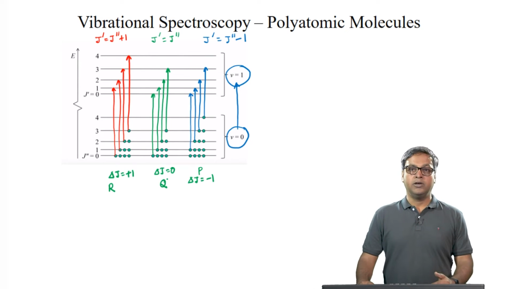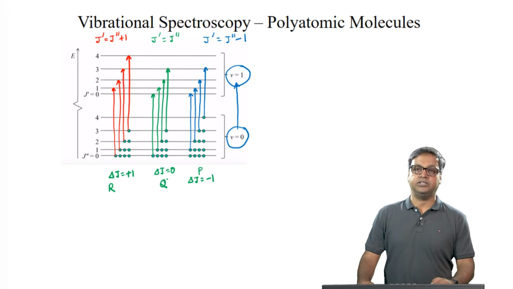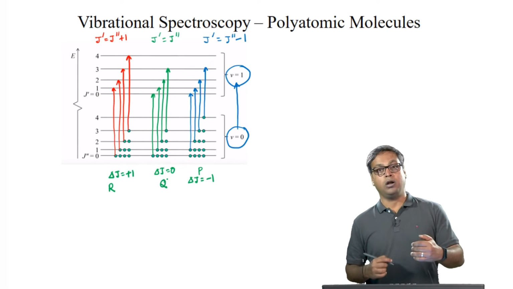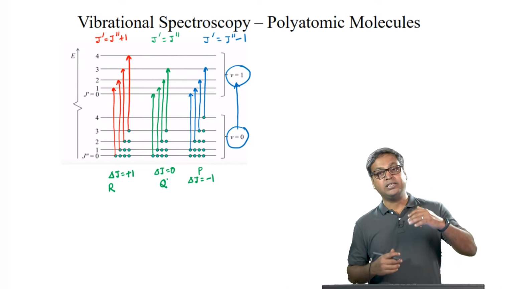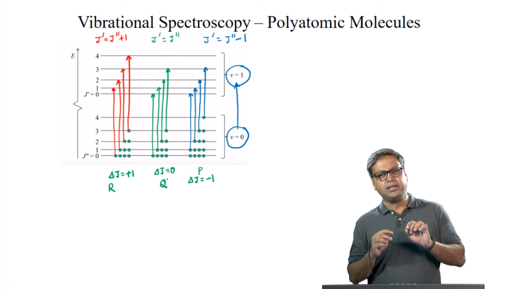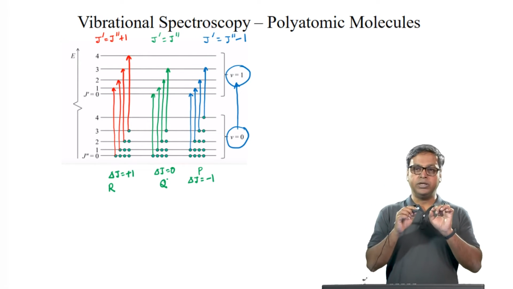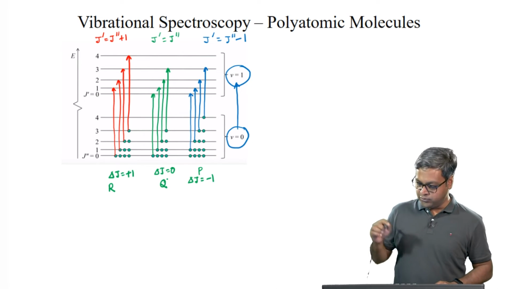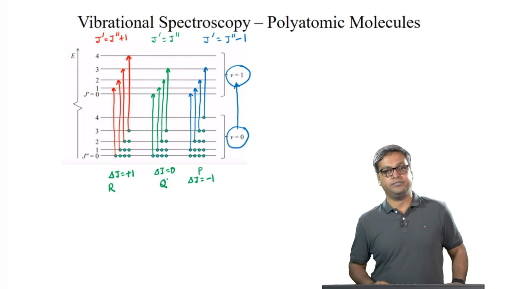However, if delta J does not change, that is from 0 to 0 or 1 to 1 or 2 to 2, the energy gap will almost be the same. It would be slightly different, as B0 is slightly different from B1, as we have discussed in an earlier lecture.